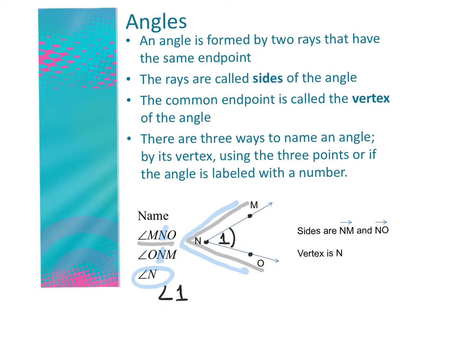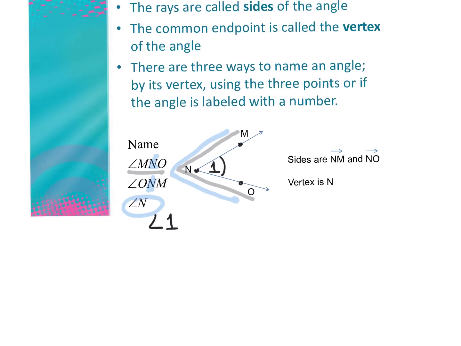Now this little slanty looking thing in front of it looks almost like an L that's slanted, or an inequality symbol. This is the symbol for the word angle. So if you don't want to have to write out the word angle, you can just put this picture in front of your 3 letters.